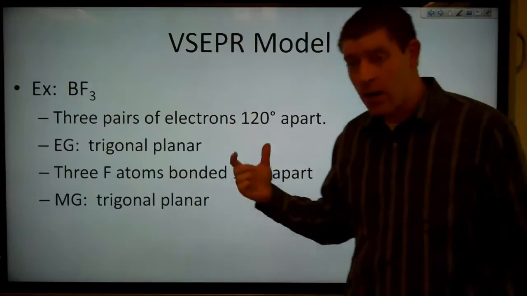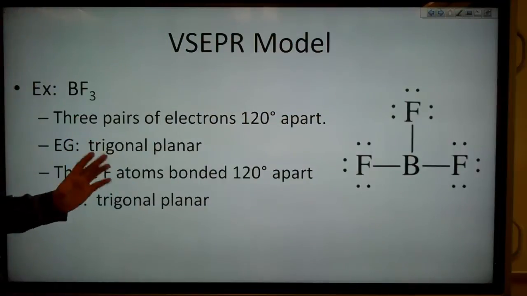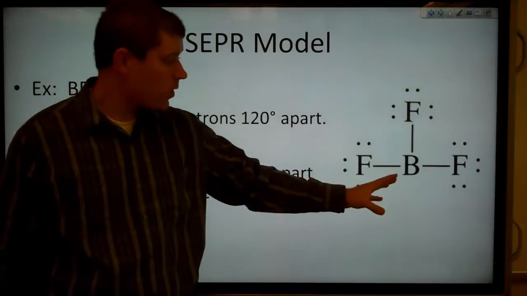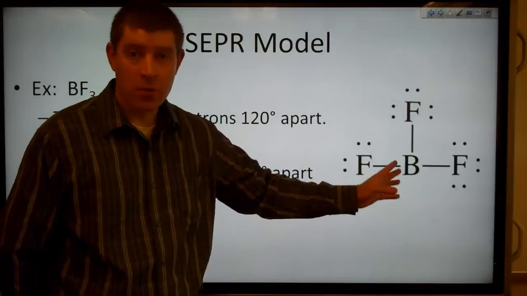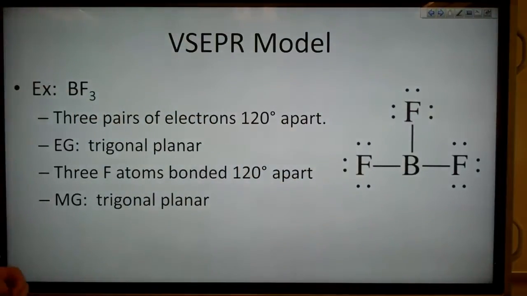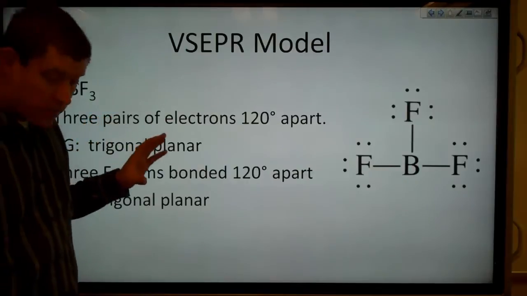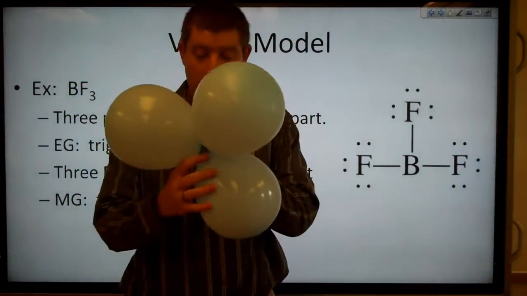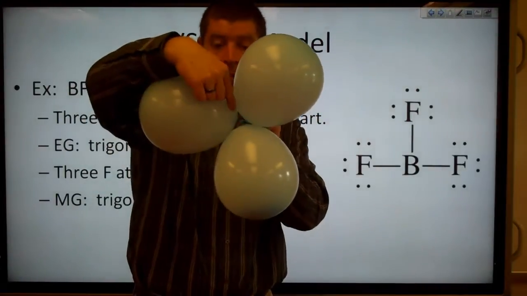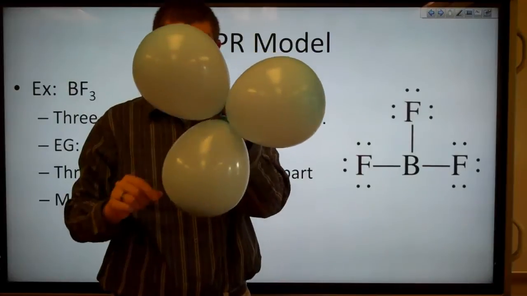But now let's look at another example. If we have 3 regions of electron density, so now we have here boron trifluoride, we have 6 electrons around the boron, 3 pairs, so in 3 regions, 1 in each of the 3 bonds, we have a geometry that looks a bit more like this. So again, we have in the center here our boron nucleus, but now we have 3 regions of electron density.